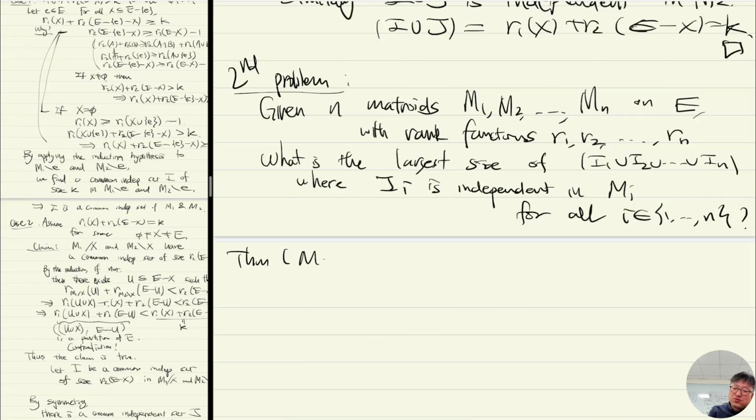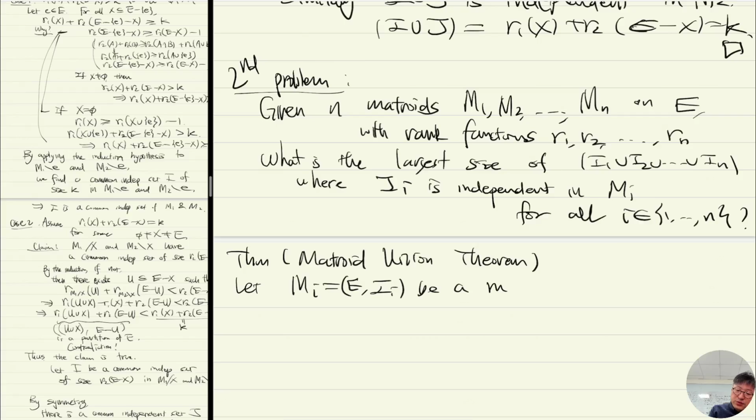This is again due to Edmonds, the matroid union theorem. So let Mi be a matroid with the rank function Ri for i from 1 up to n.